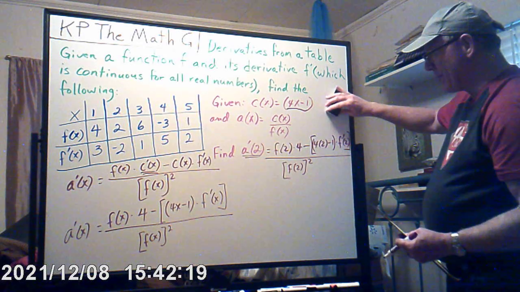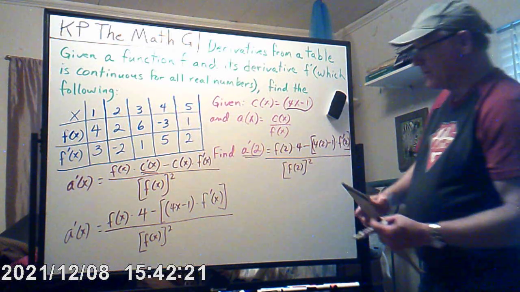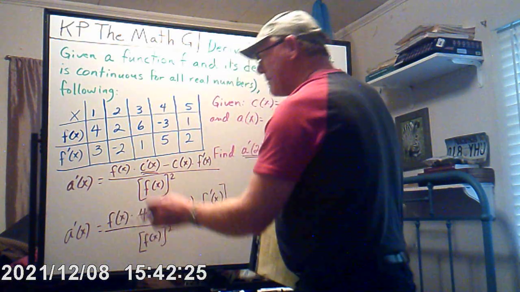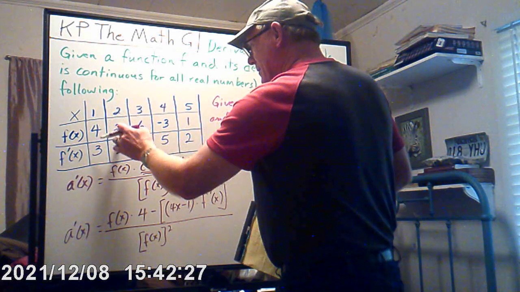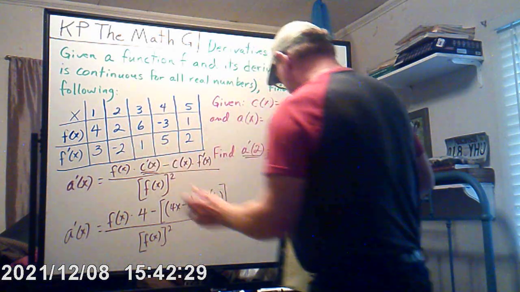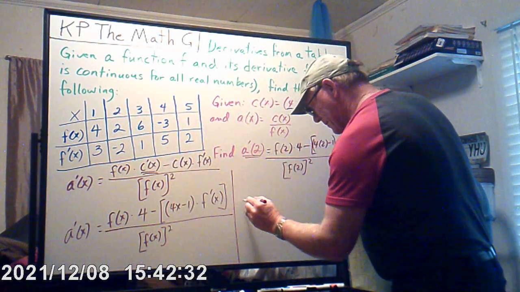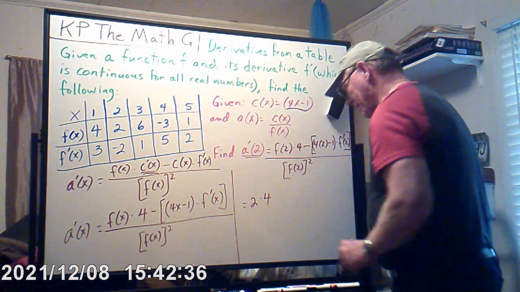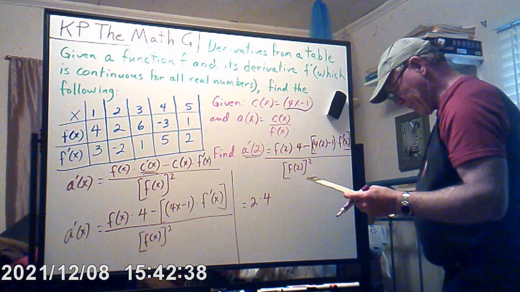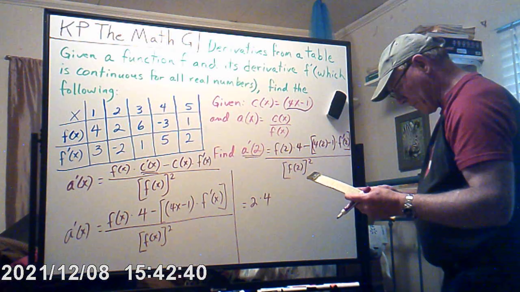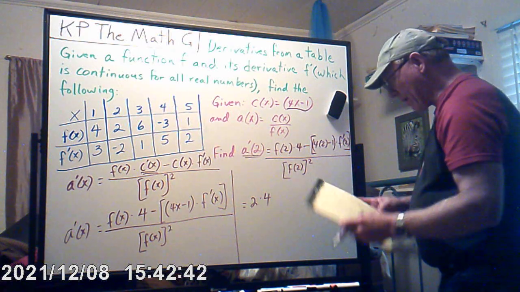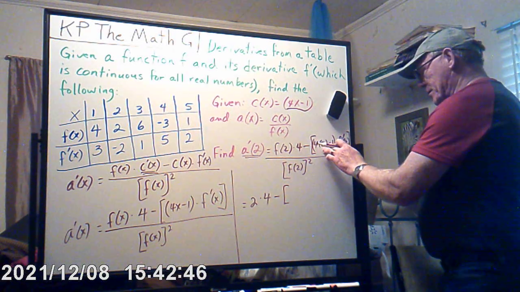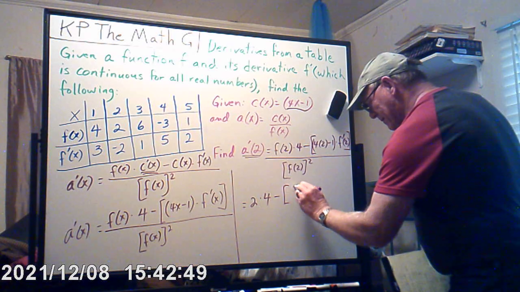Now we can use our table, can't we? Alpha at 2, let's see, I'm following alpha at x, so alpha at 2 is 2. So this is equal to 2 times 4, minus sign. 4 times 2 is 8. 8 minus 1 is 7.